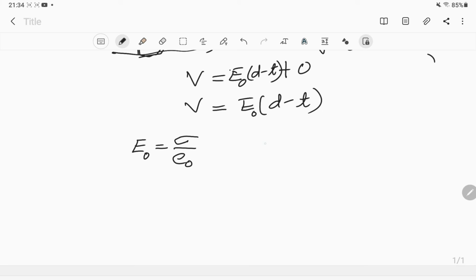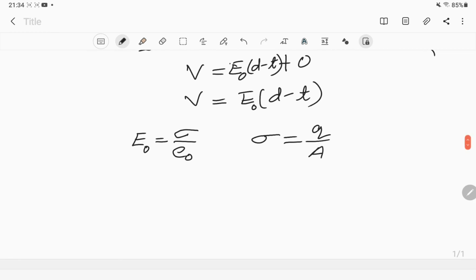And sigma is the charge density, which is charge by surface area.